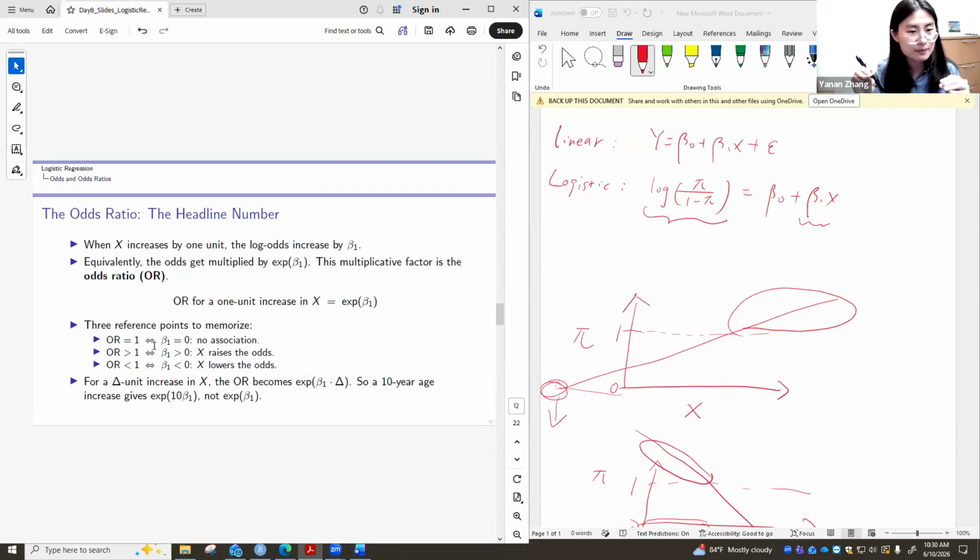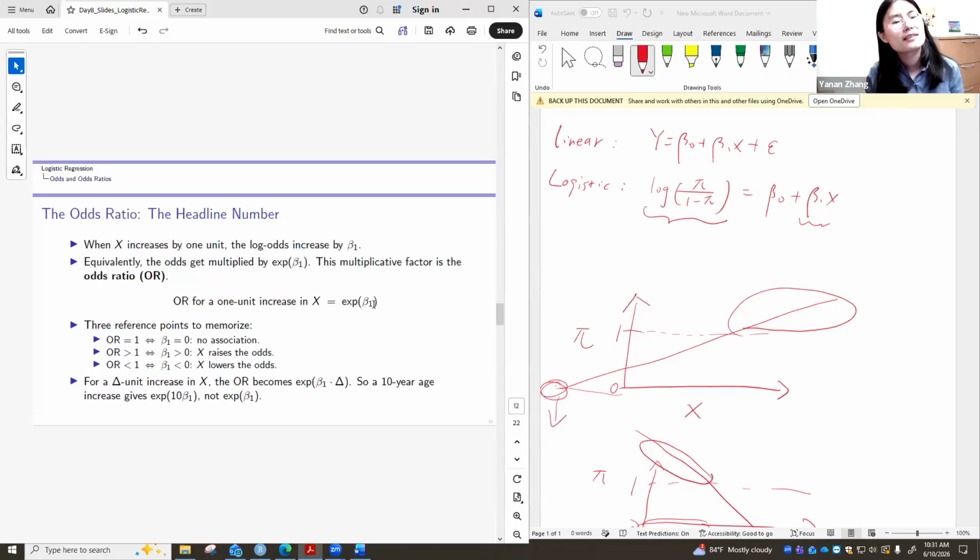Those two odds are the same. So back in the context of the problem, whether or not we increase age by 1 year, the odds of coronary heart disease are always equal. Think about the numerator and denominator: a person who is 49 years old compared to a person who is 50 years old, their odds are exactly the same. So what does that mean? That means there's no association between age and coronary heart disease, right?